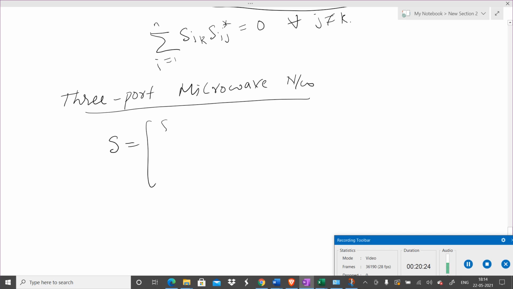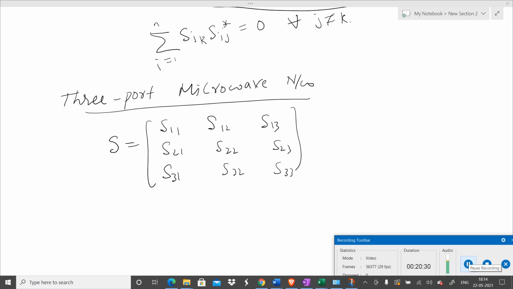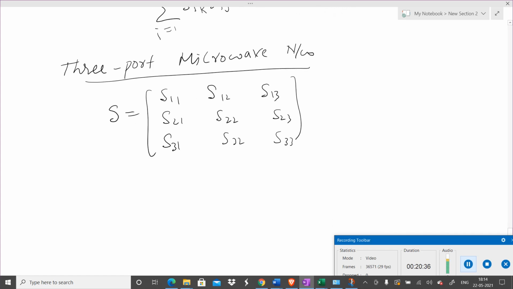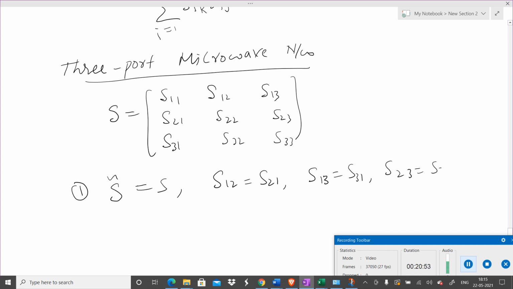It will be like this: S11 and so on, without any knowledge of any other values given. By using these 3 properties, we can get a lot of ideas about how the matrix will look. First of all, the symmetry property says S transpose is S, so S12 will be S21, S13 will be S31, S23 will be S32.